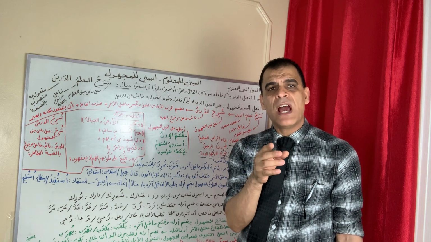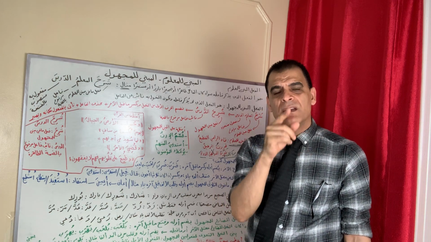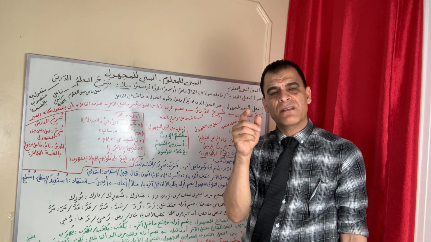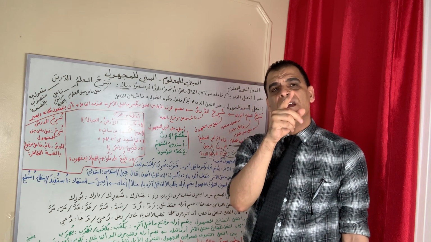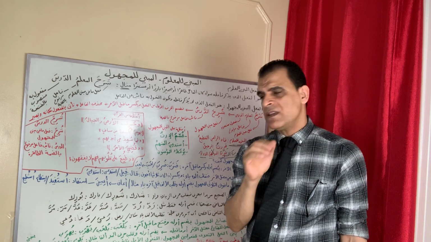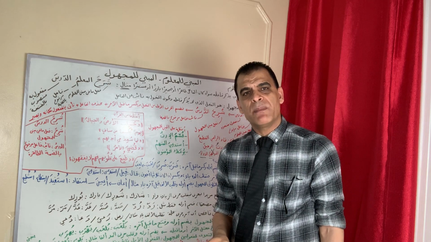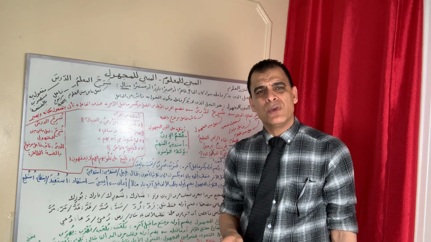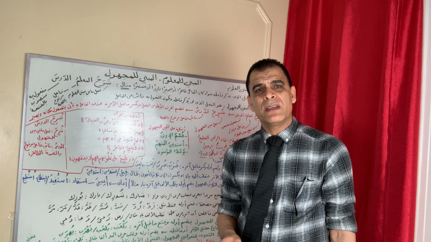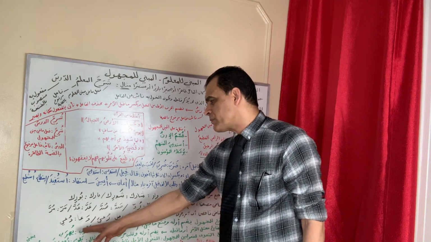So ضمة plus فتحة: ضمة on the first letter and فتحة on the letter before the end. Okay, so يلعب, يلعب. يفهم, يُفهَم. يكتب, يُكتَب. يضرب, يُضرَب, and so on.